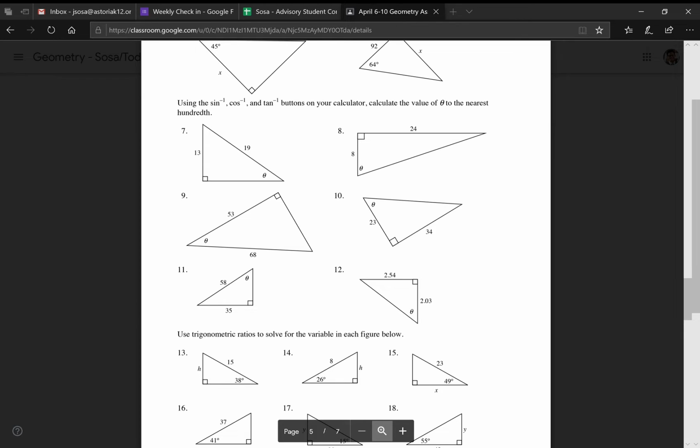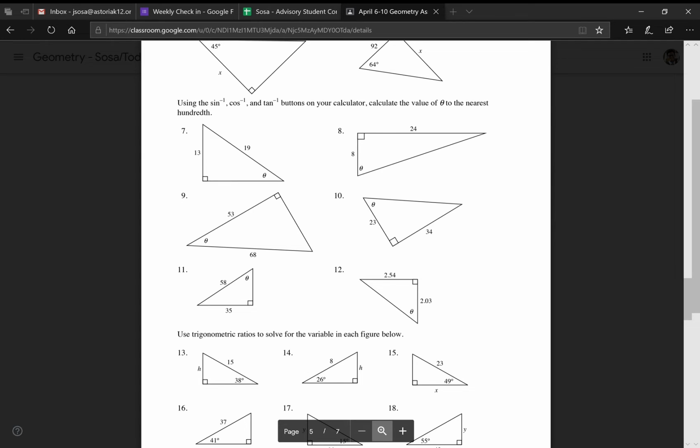Inverse sine of both sides. And again, please excuse my crudeness. Typically, this side would be written like so. Sine inverse of 35 over 58, right?